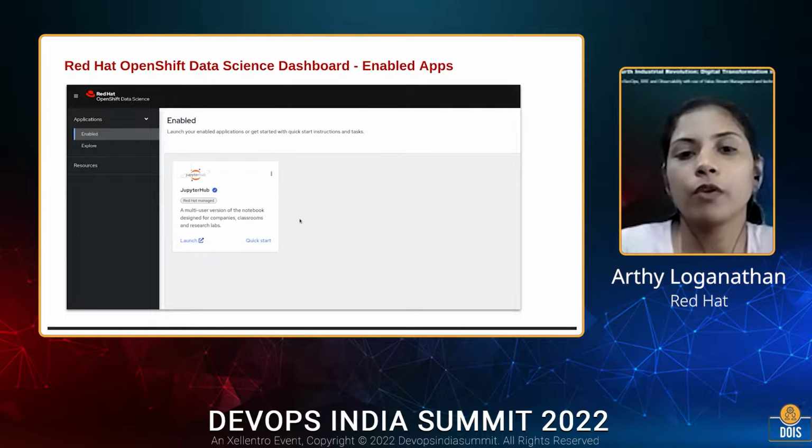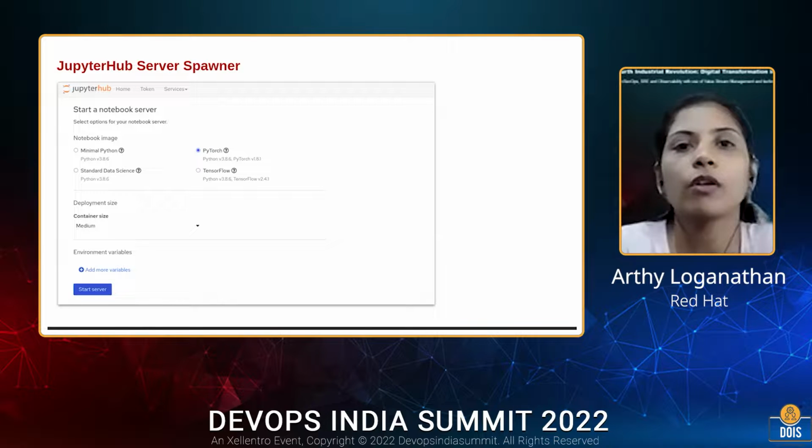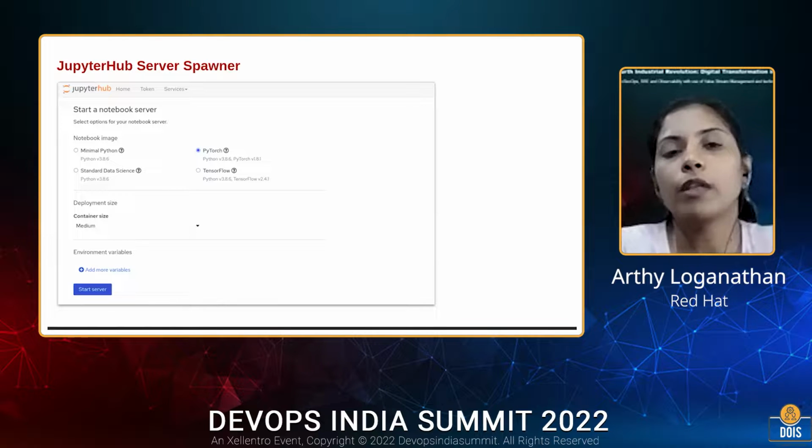First, going on to the next slide, I can pick a notebook image from a list of notebook images here. I'm going to include PyTorch or maybe TensorFlow. So my notebook will automatically include TensorFlow and other plugins for my project. You can also pick resource settings for your notebook that include CPU, memory, and GPU as well.